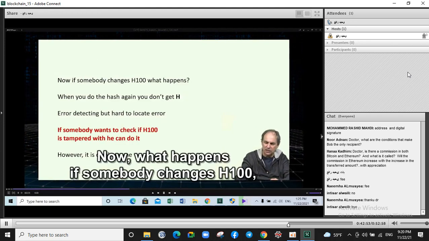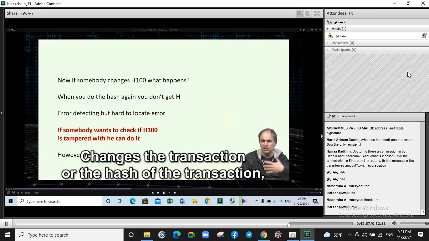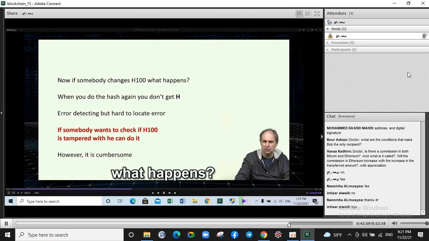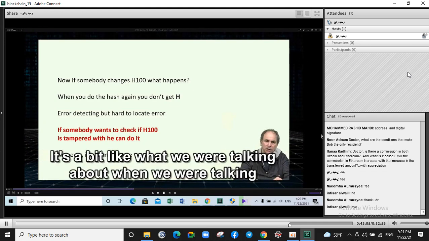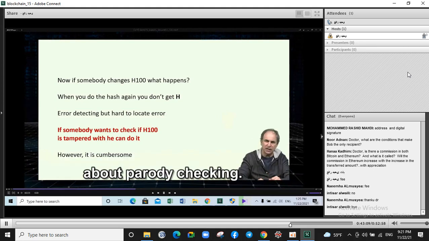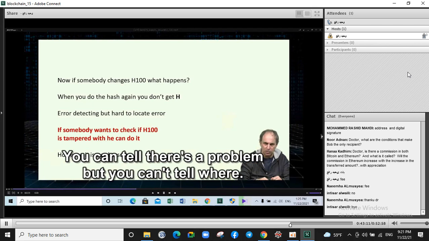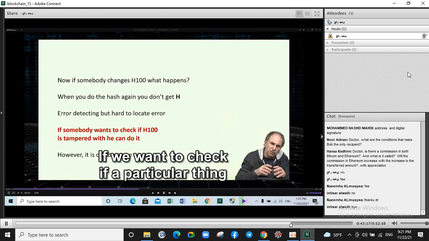Well, when you do that hashing again, you don't get big H. So you can tell there's a problem. It's a bit like what we were talking about when we were talking about parity checking. You can tell there's a problem, but you can't tell where, right? Okay, problem. If you want to check if a particular thing's been tampered with, that's a lot harder.